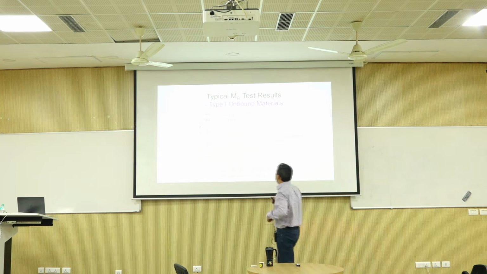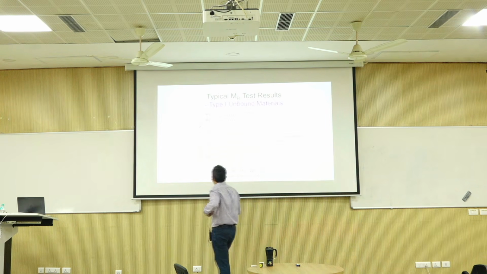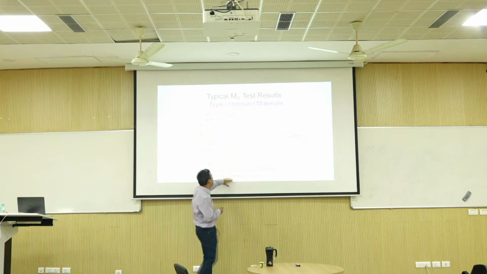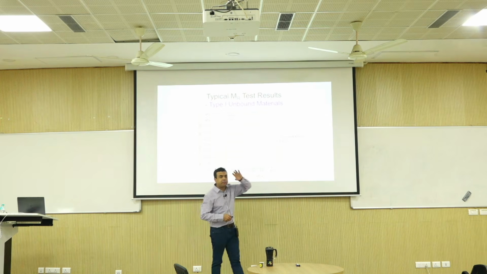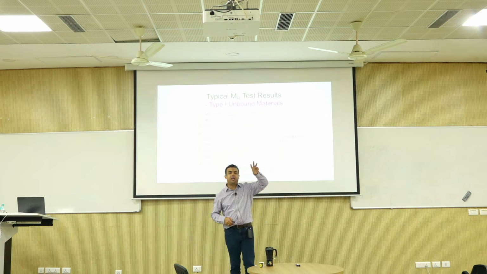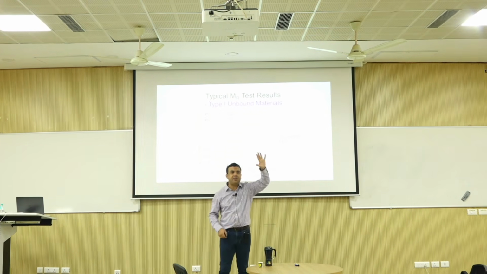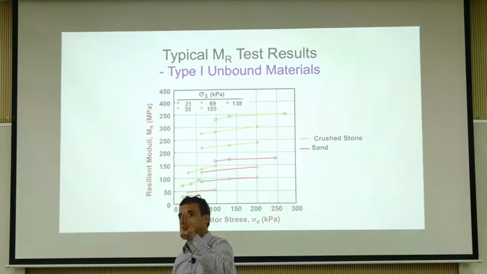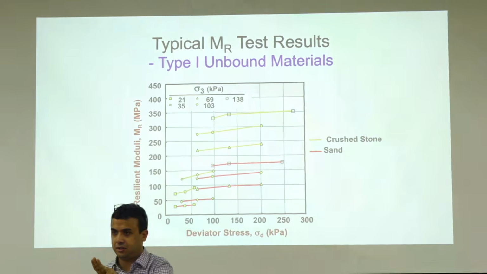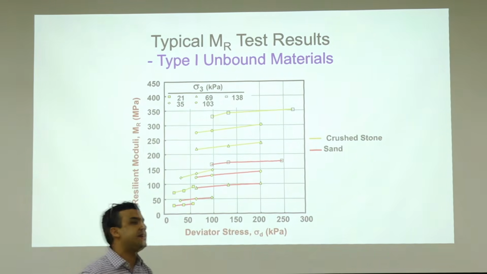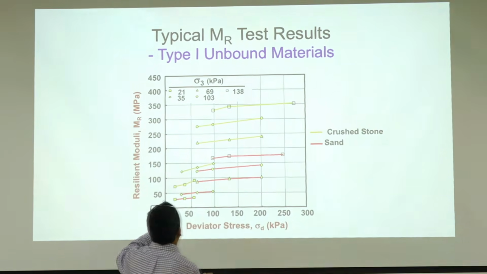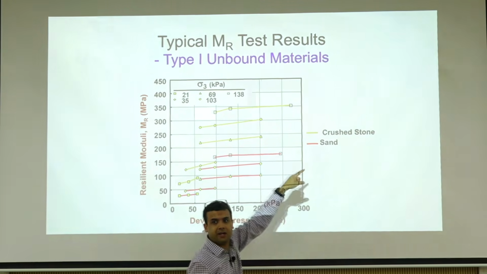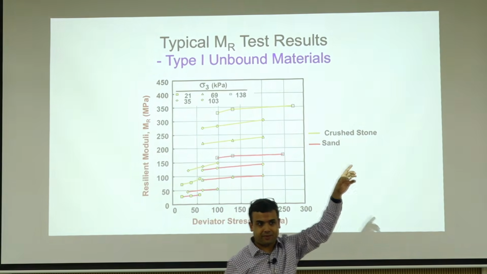Okay. This is how you plot resilient modulus. There are many different ways. This is plotted on deviator stress. So think about it this way. What did we say? 5 different confining pressures and 3 deviator stresses per confining pressure. So for a resilient modulus test, for a given material, you will have 5 different lines for deviator stress, right?